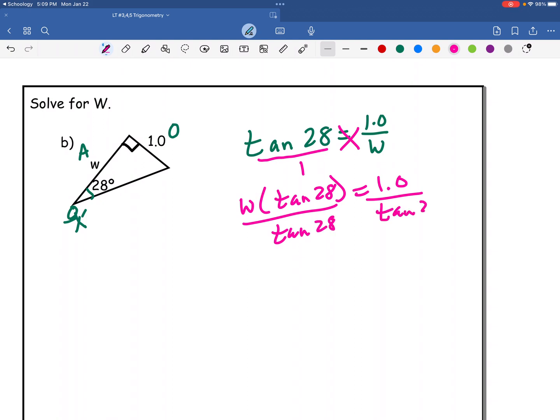Again, just solving the equation, and tangent of 28 can't be separated, so we're going to be typing in 1 divided by tangent of 28. So 1 divided by tangent of 28 gives me 1.880, so 1.9.